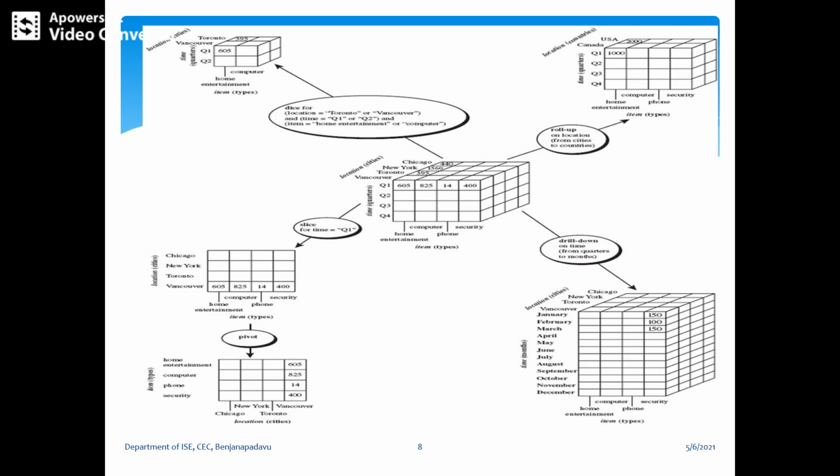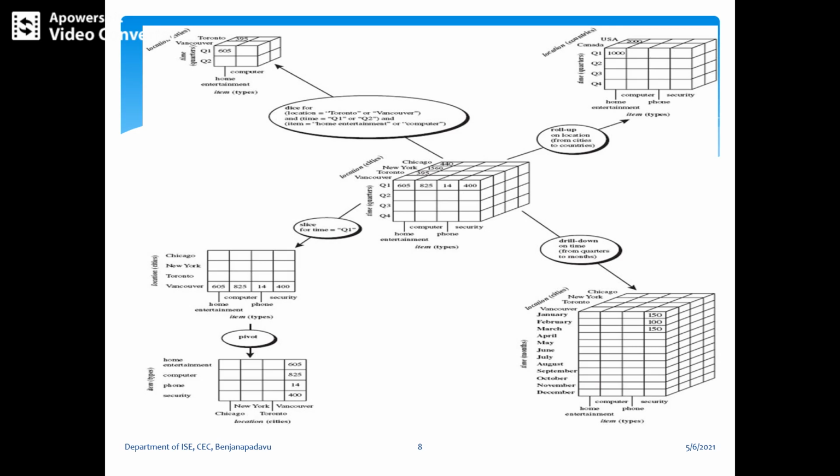Item types under the roll-up are home entertainment, computer, phone, and security. In the description, the hierarchy was defined by the total order: street less than city, less than state, less than country.